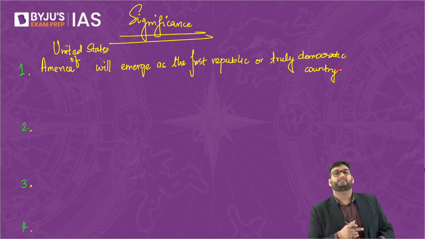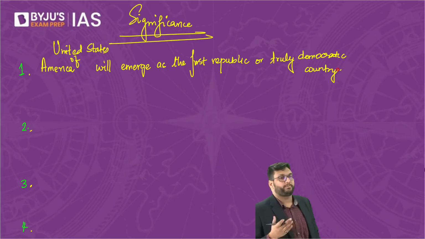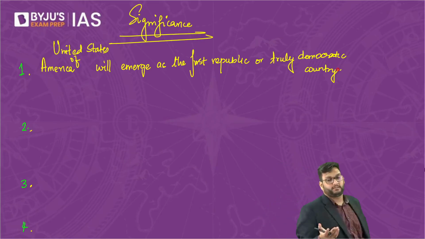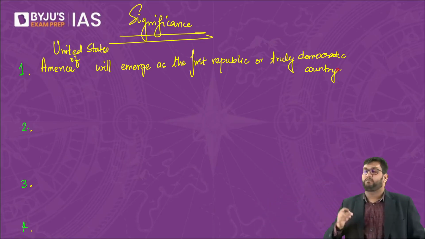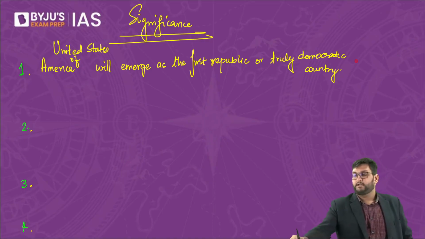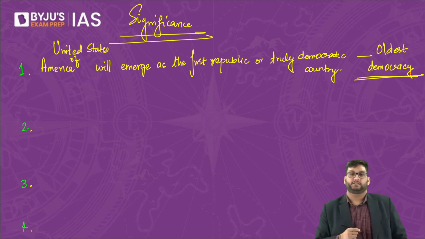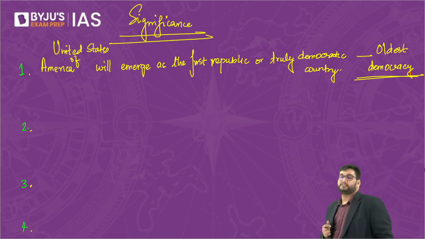Britain was a constitutional monarchy. Constitutional monarchy is a compromise between monarchy and democracy. But the United States of America was the first example of a true democracy. It is the oldest democracy in the world. It has existed since 1776 itself.